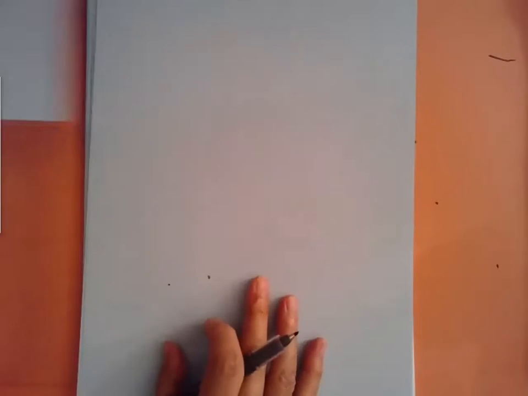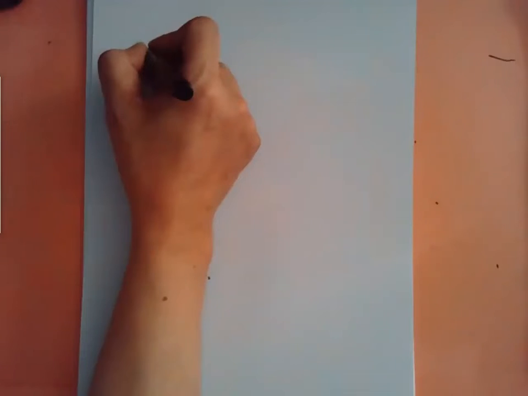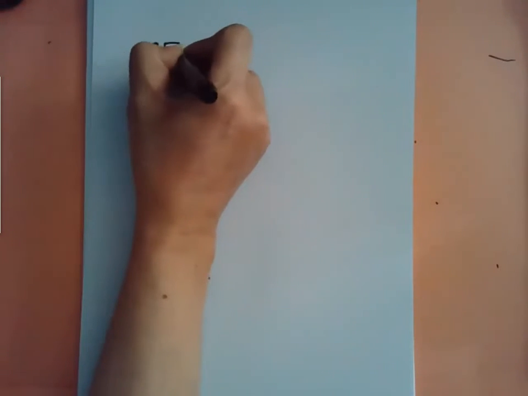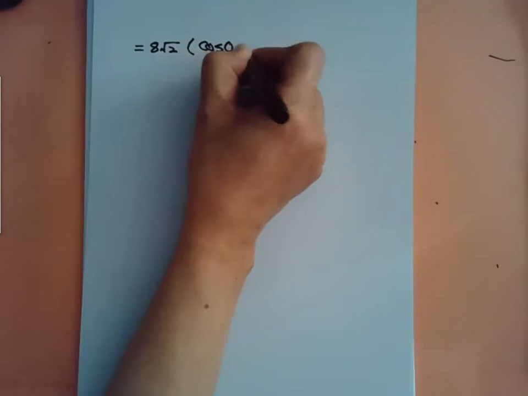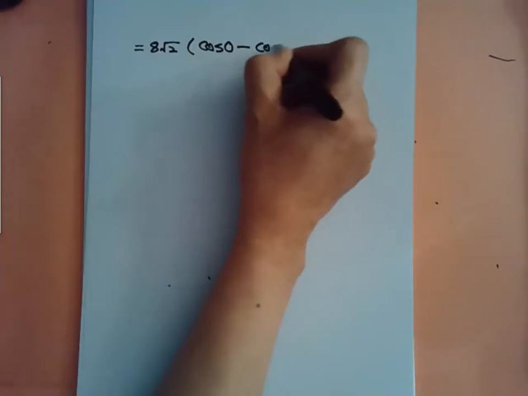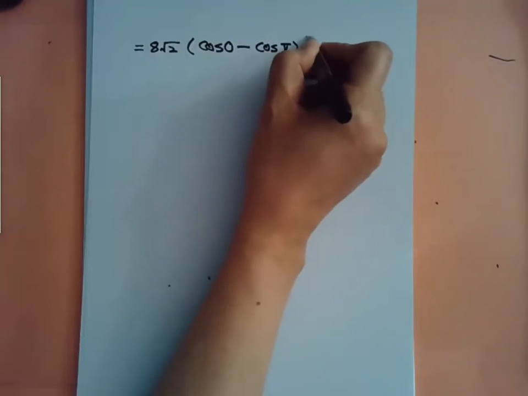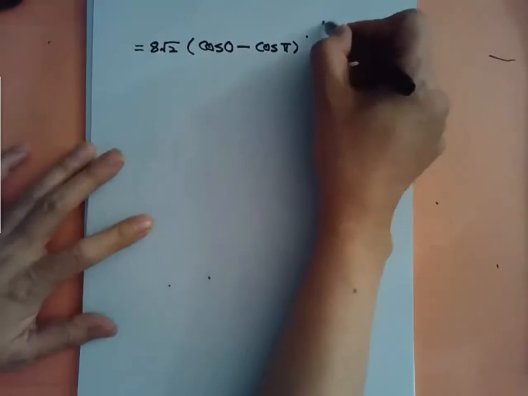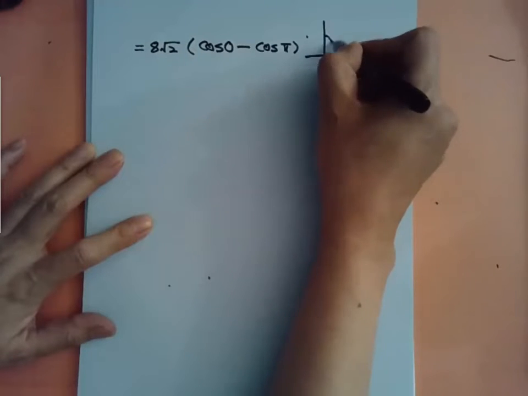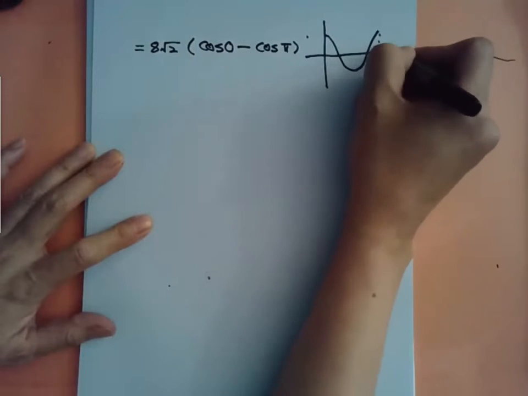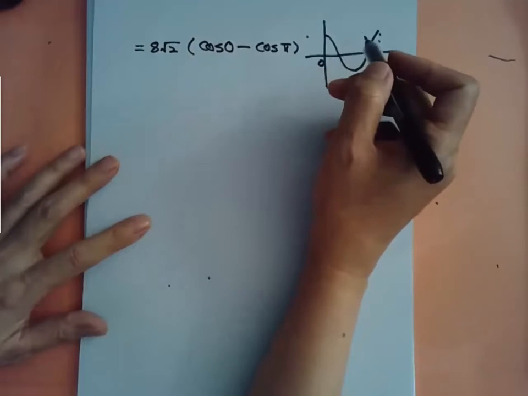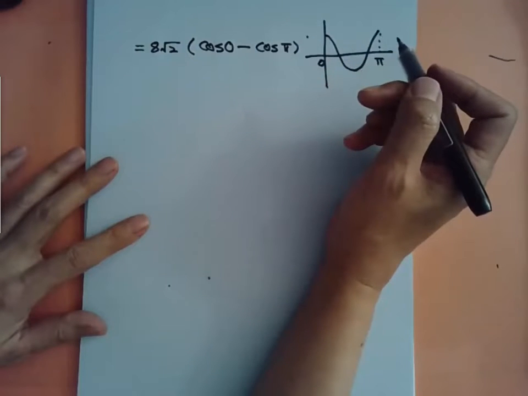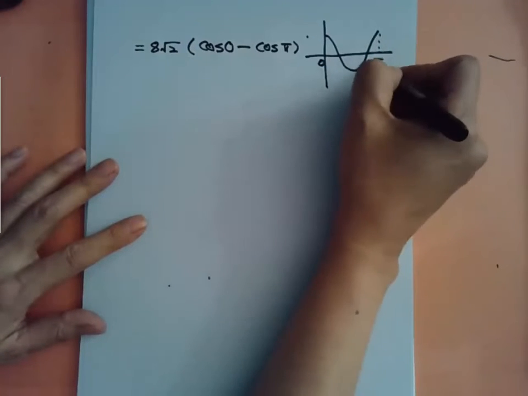So it becomes 8 square root of 2 times cosine of 0 minus cosine of pi. And the cosine function looks like this. So this is 2 pi, this is pi.